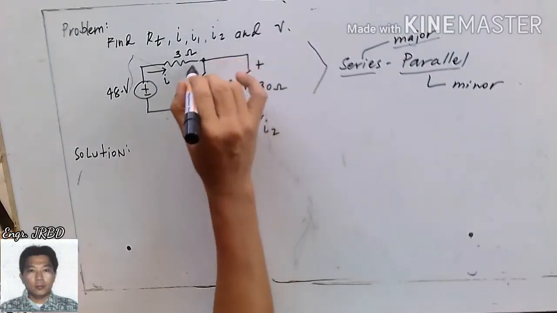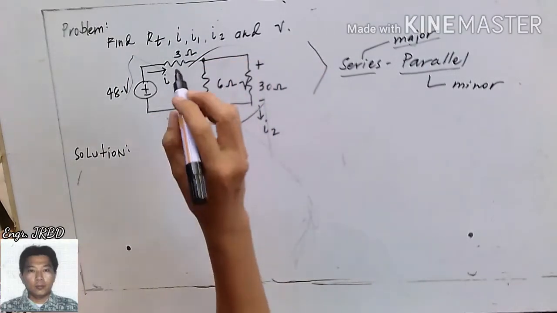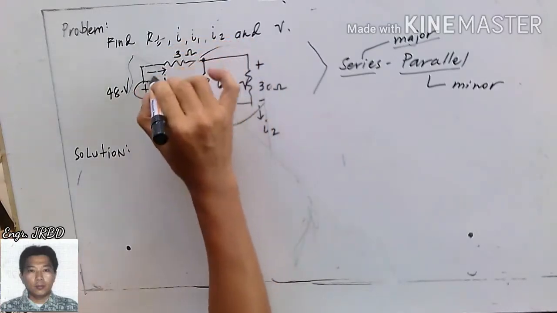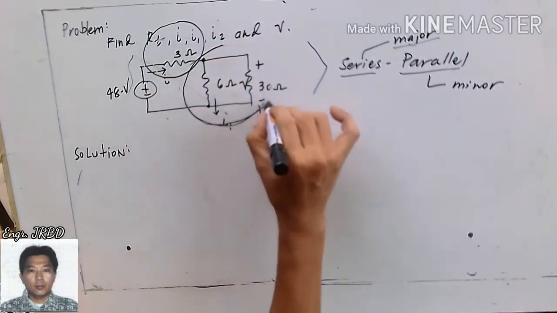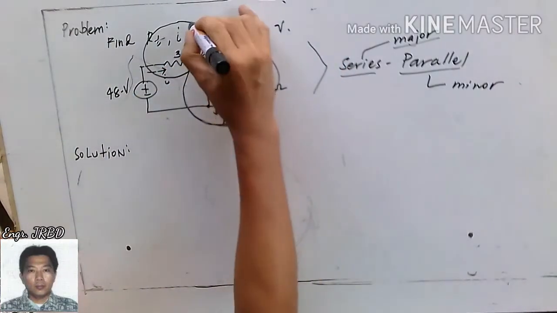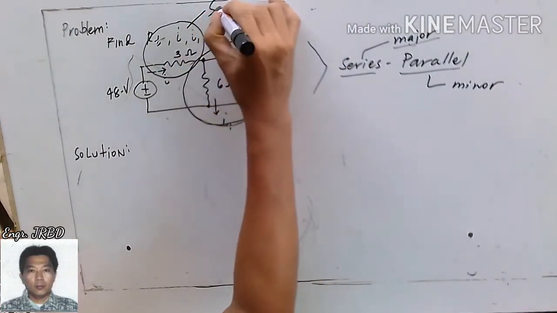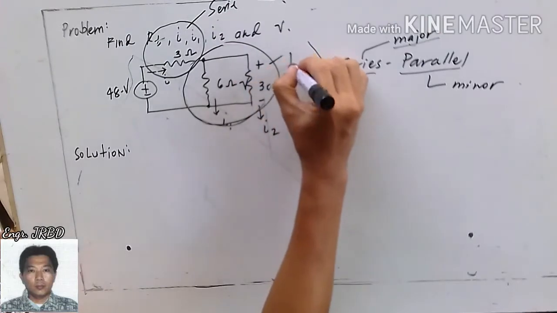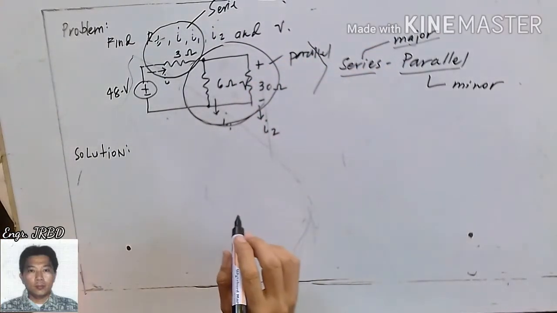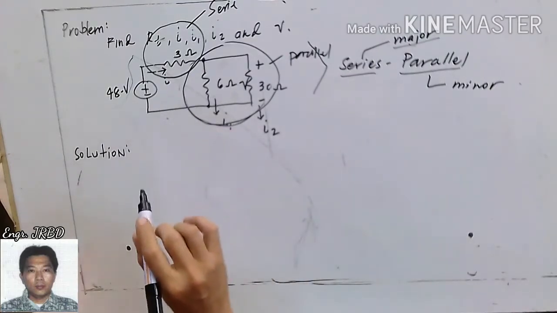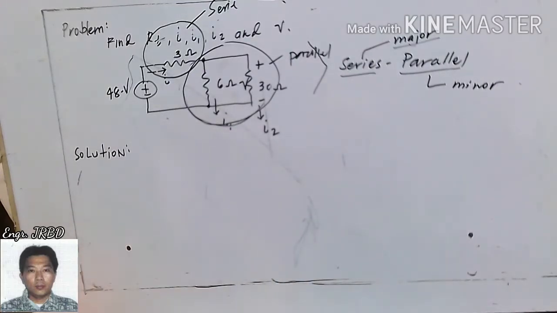The second group is the series group. The series group and parallel group are in series. So that is our major connection. Our minor connection is your parallel group.